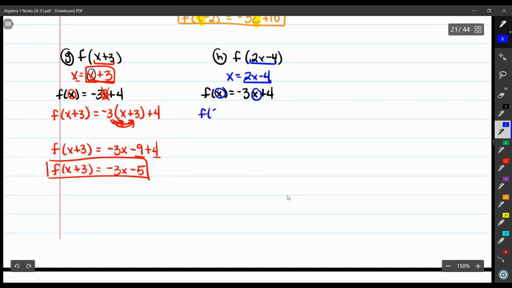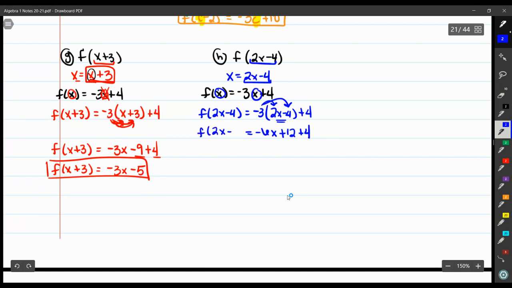So we get f of 2x minus 4 equals negative 3 times 2x minus 4, because that's what the new x value is, and then the plus 4 on the outside. Distribute and combine if you can. So negative 3 times 2x makes negative 6x. Negative 3 times negative 4 is a positive 12. And we're going to drop down the plus 4.